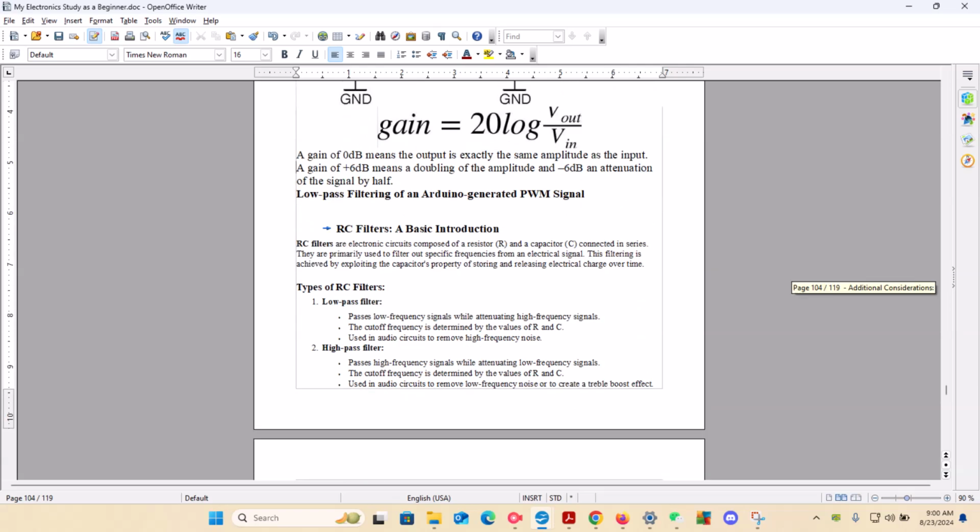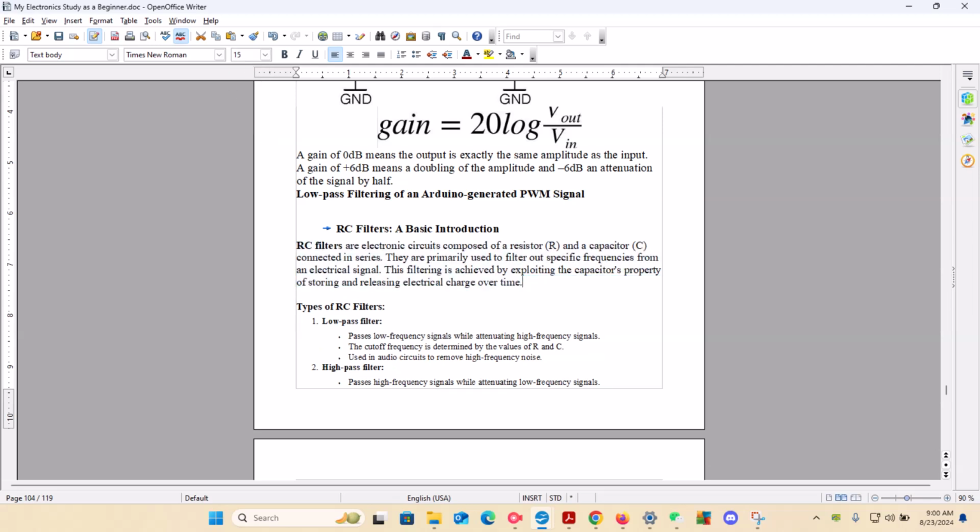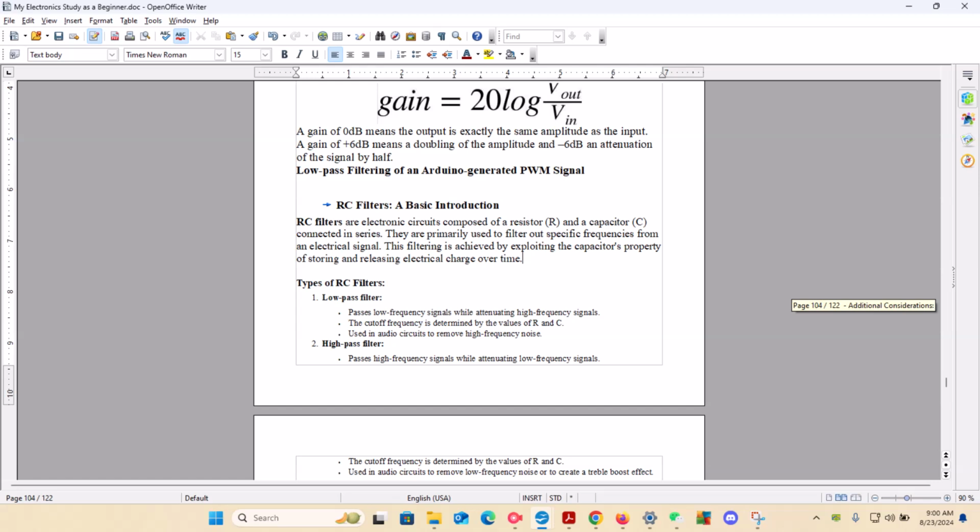In electronic circuits, composed of a resistor, which is R, and a capacitor, which is C, connected in series, which means one after the other, they are primarily used to filter out specific frequencies from an electric signal. This filtering is achieved by exploiting the capacitor's property of storing and releasing electrical charge over time.